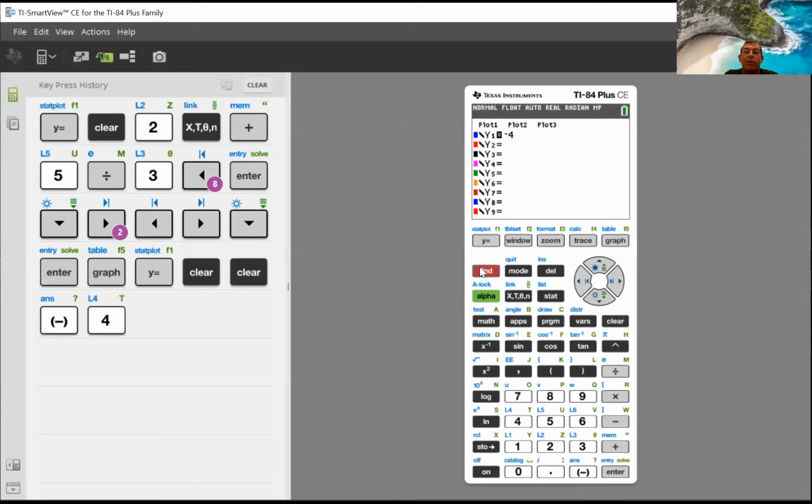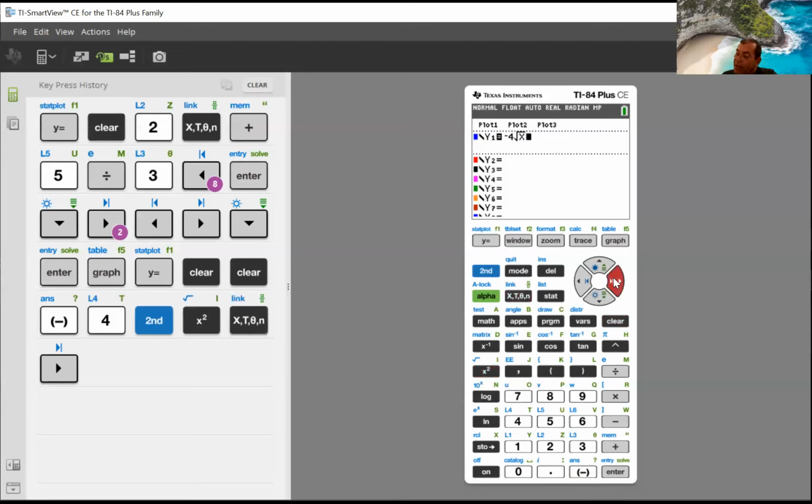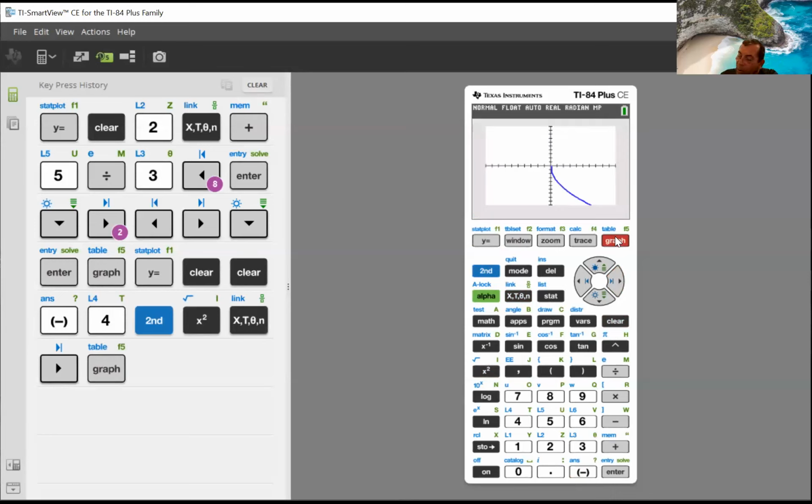So square root is second x squared, and put that x under there. Now, I will say this, that negative number is going to kick it down under the x-axis because it reflects those. So when we hit graph, we want the picture where it's just going sort of downhill, left to right.